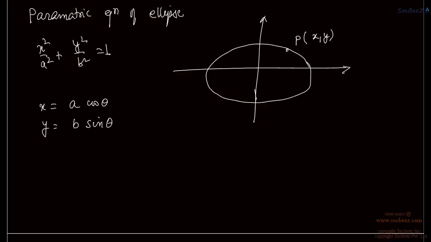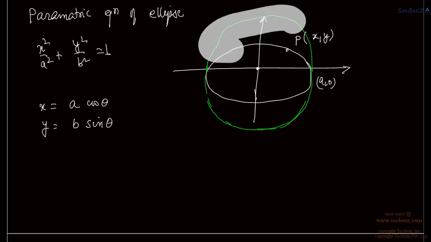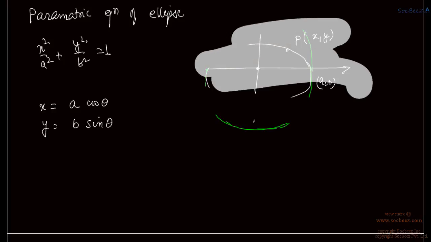So which is the angle theta? This point is a, 0. So we draw a circle of radius a, okay, with center at the origin. So we have a circle somewhat like this. Okay, so this is a circle. Let me draw it more clearly.